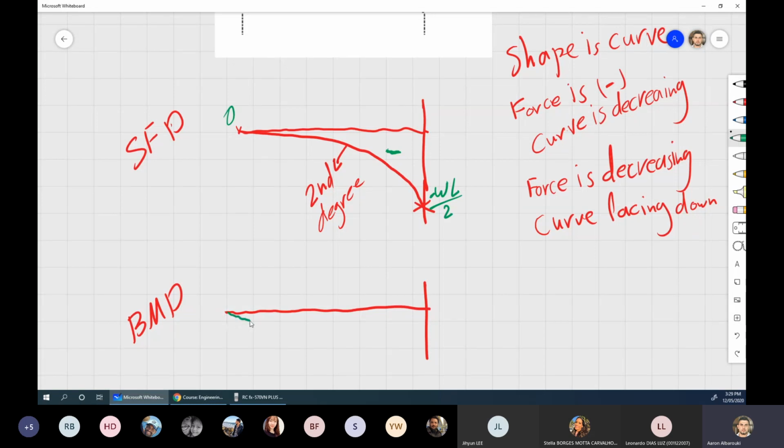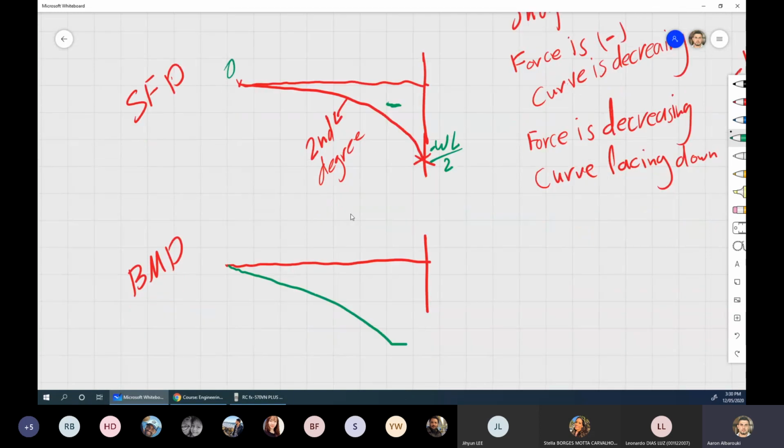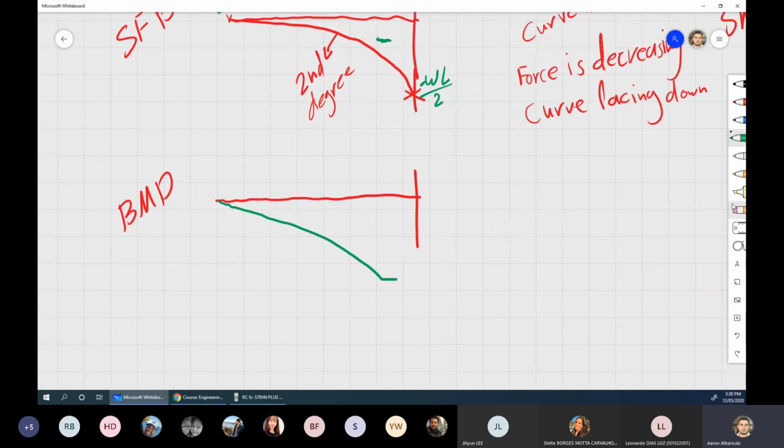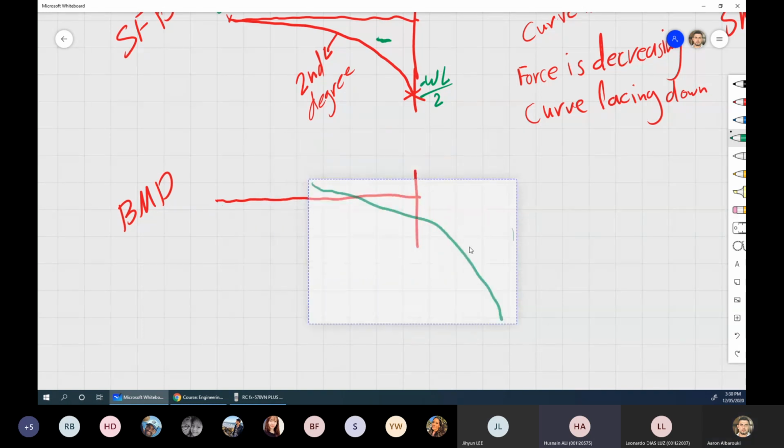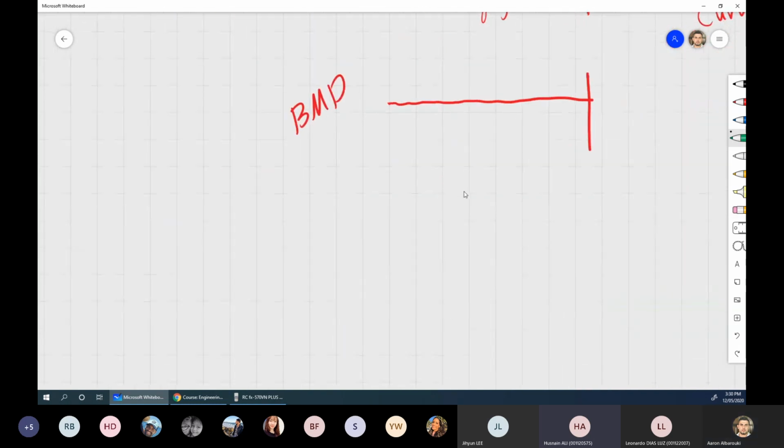So the bending moment diagram here will be something like that. It's easier here. So it will be something kind of like that, okay?